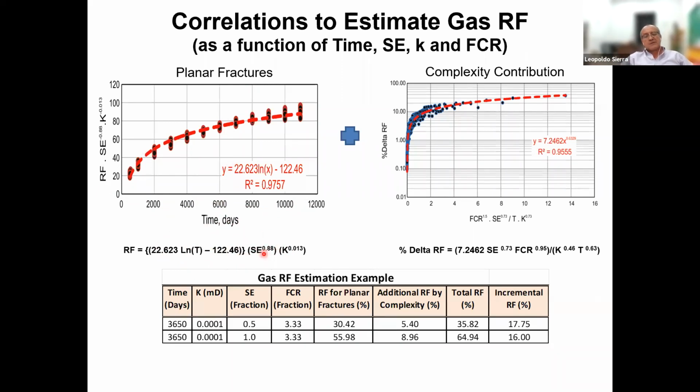So if the classical stimulation efficiency for the industry, in the optimum case, could be 0.75, we can use this parameter, and if we know the permeabilities, we are going to be able to calculate or estimate the recovery factor for our well, assuming that we're only generating planar fractures.